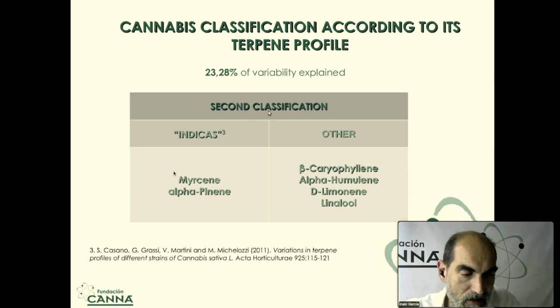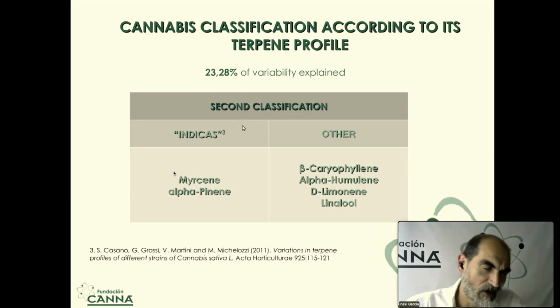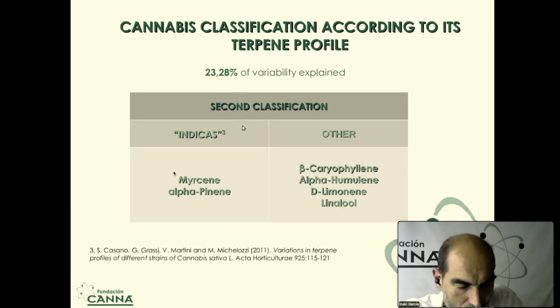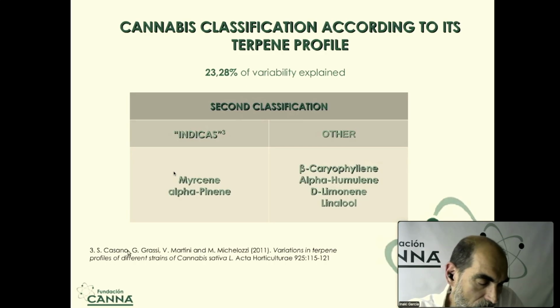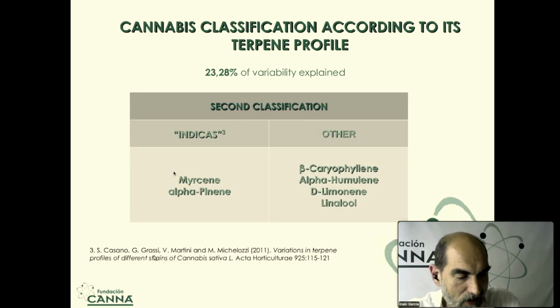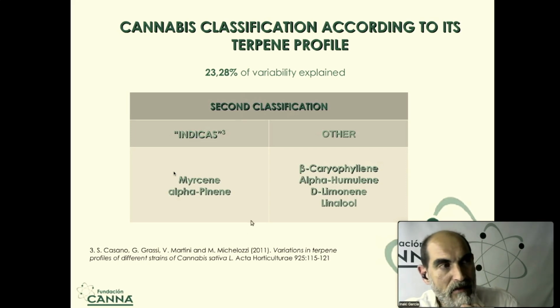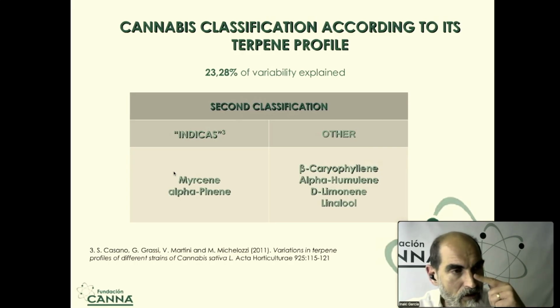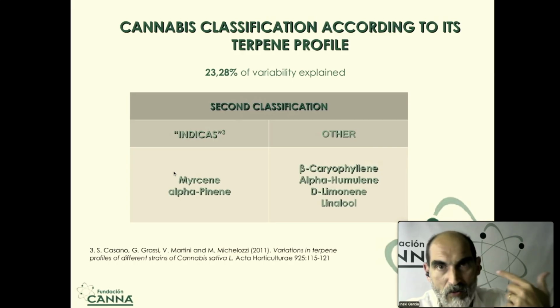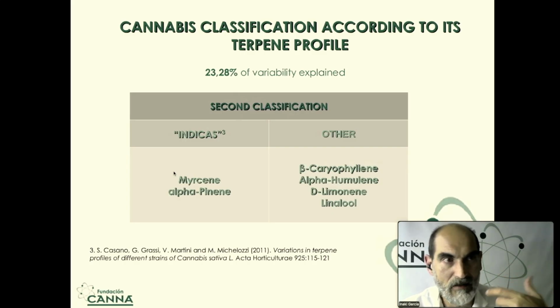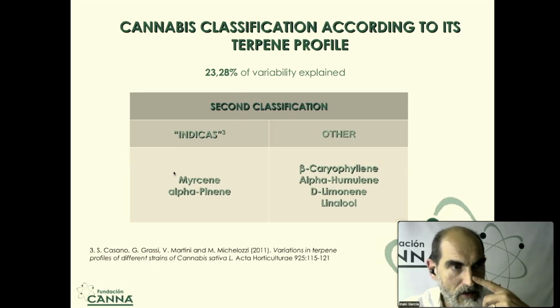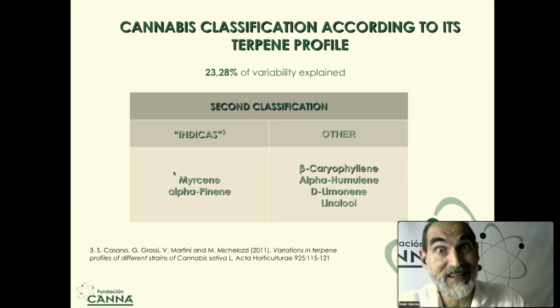Okay, this is very interesting because several years ago, a study done by Casano and Grassi did not do it in that way. What they did was give some consumers several plants, and they asked the consumers if they thought the plant they were consuming was an indica or a sativa.